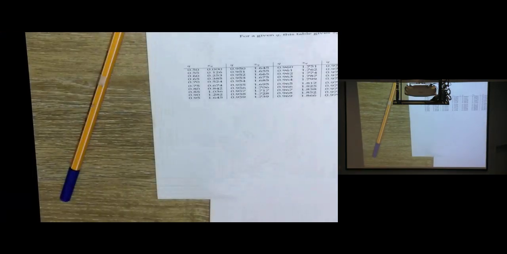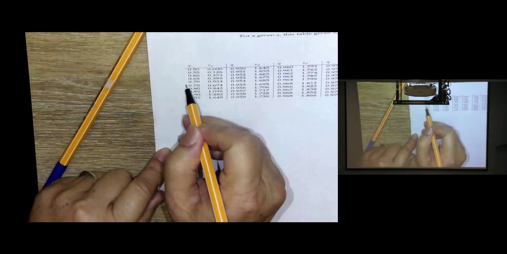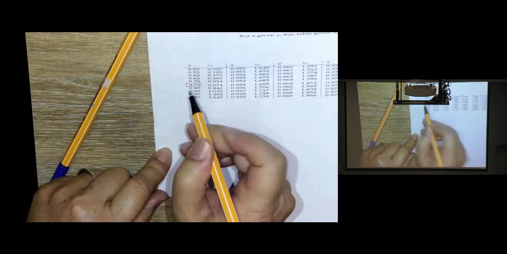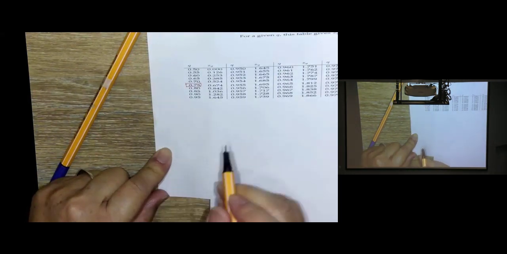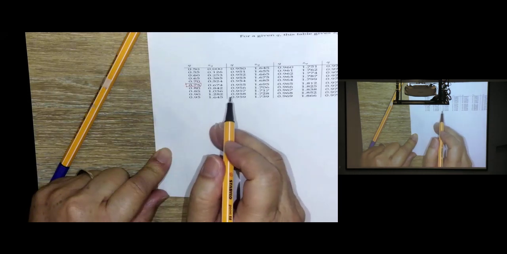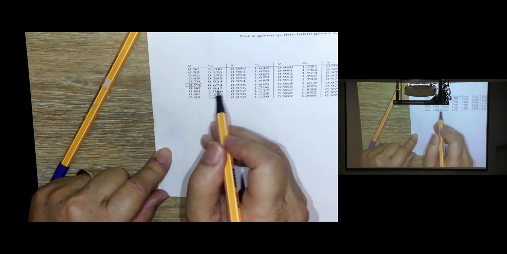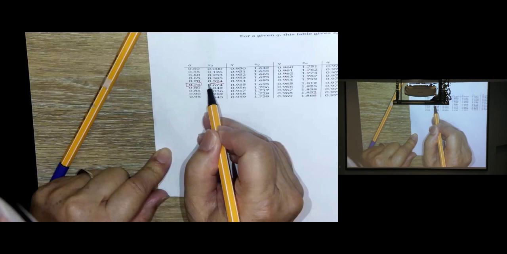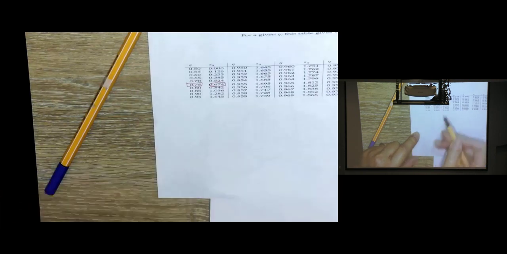So we are interested in the 75% quantile. So we will be looking here. 75% would be here. All right. And then the quantile would be this.